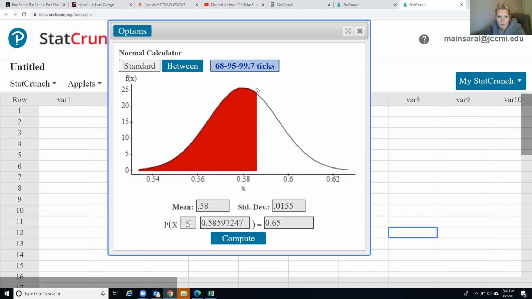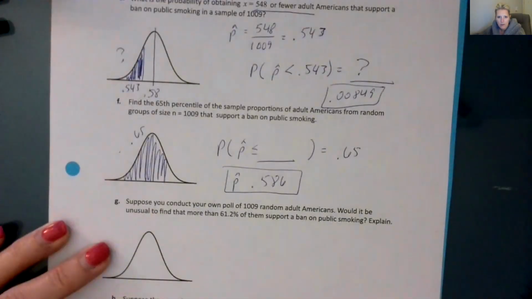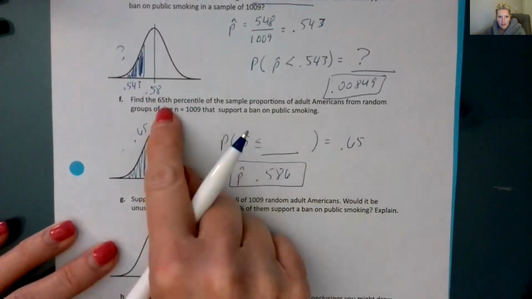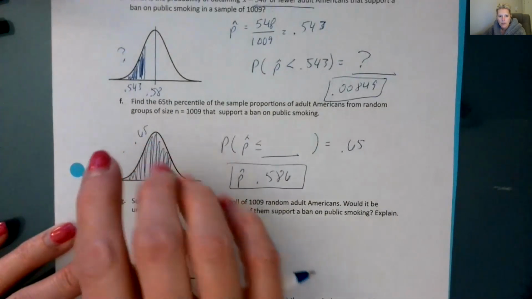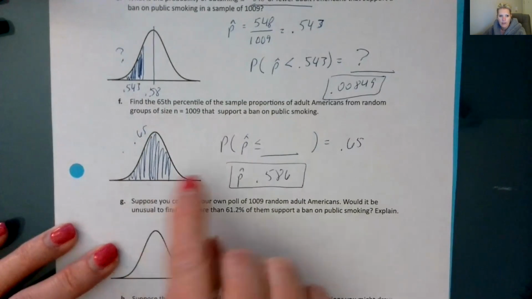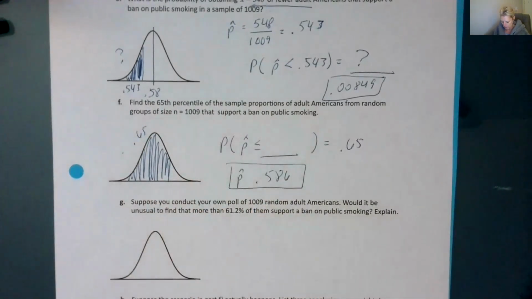I'll show you my paper here. So 65th percentile means that 65% of our samples are going to have about 58.6% of the people that say that they want to ban public smoking.